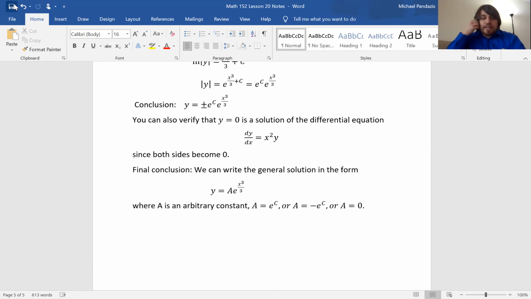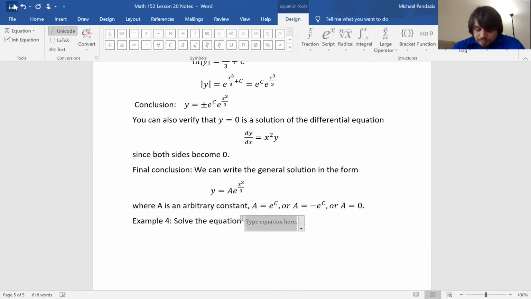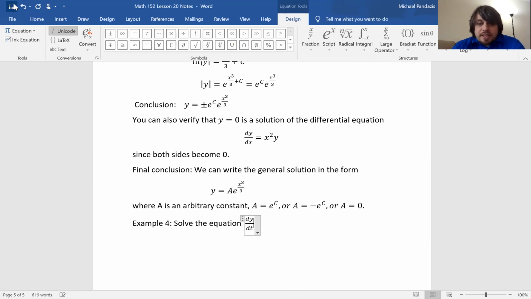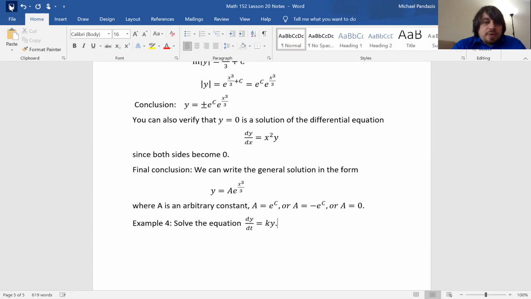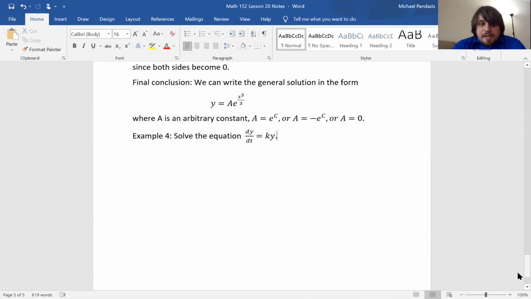So that's example 3. So next is example 4. Solve the equation dy dt is equal to ky. Solution.